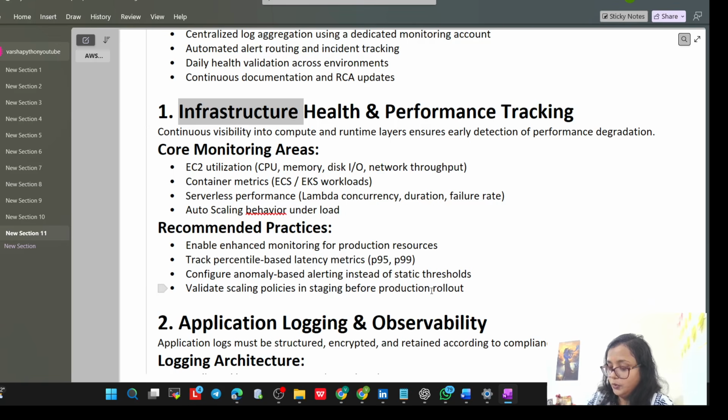What we have to do is check CloudWatch metrics and correlate with a new deployment. It turned out a background cron job was running every minute instead of every hour. We fixed the cron schedule and added an alarm to prevent recurrence. So you can give this example.